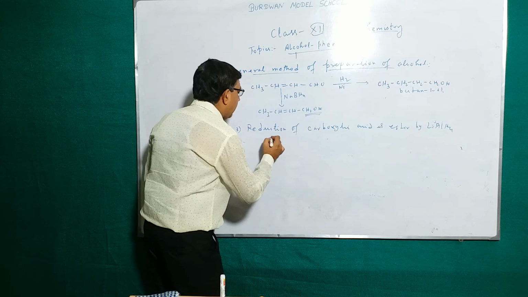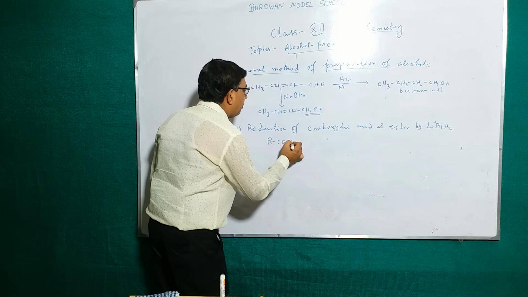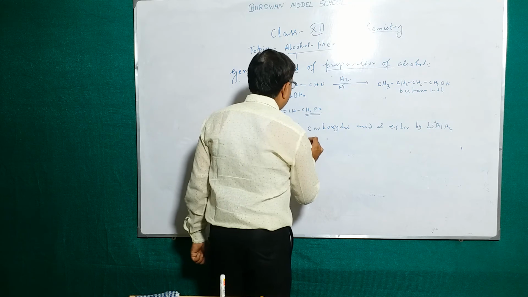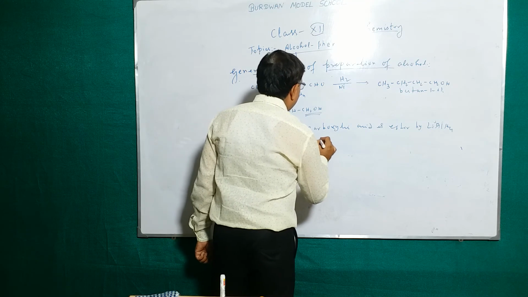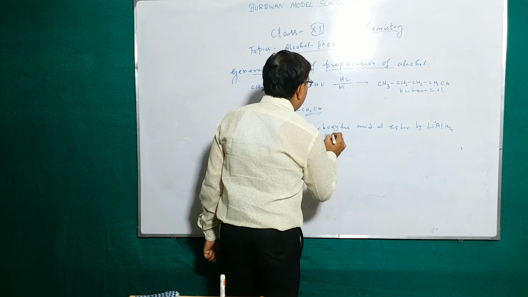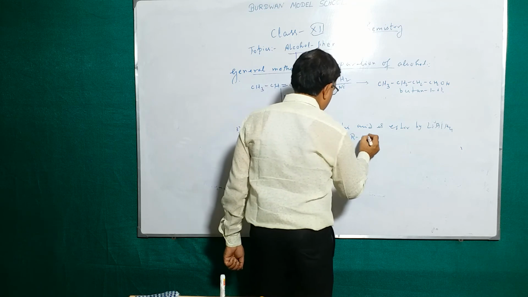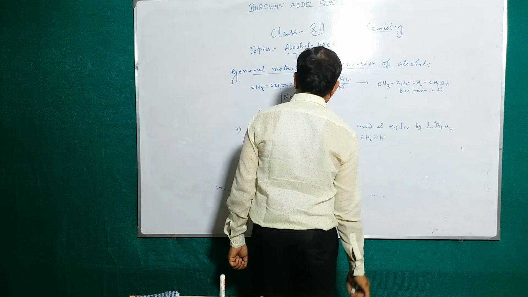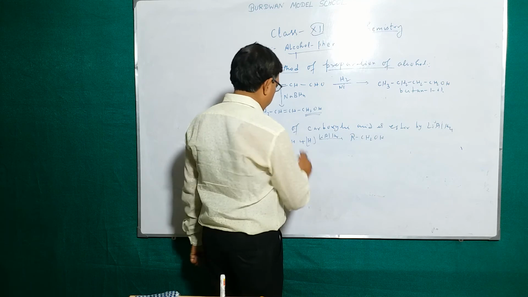Say this is a carboxylic acid, RCOOH. When reduced by lithium aluminum hydride, it forms RCH2OH.